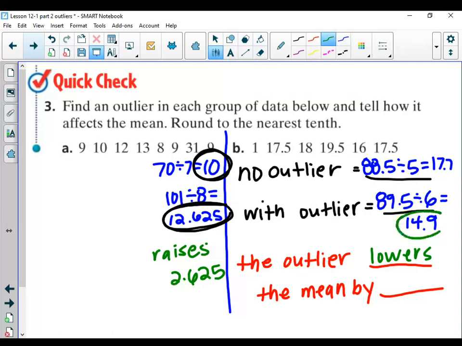So now when Maddie comes, all of our money's dropping to $14.90. So we have lowered by 2.8. 2.8.